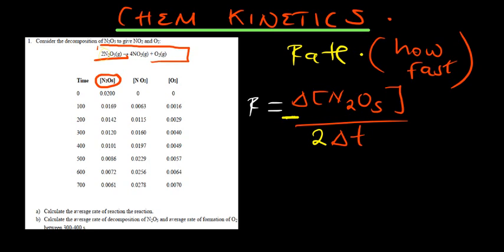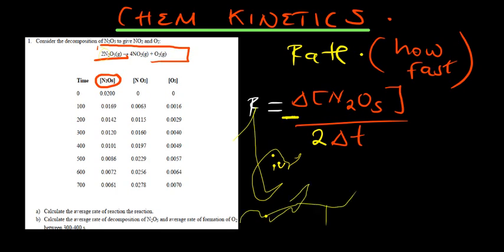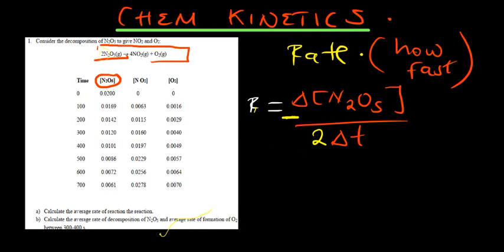Why? Because the initial concentration is basically bigger than the final. Why? Because it is being used up with time. That's the way it is. So now we're going to substitute in our information. So negative.